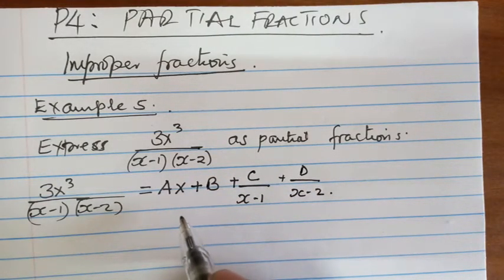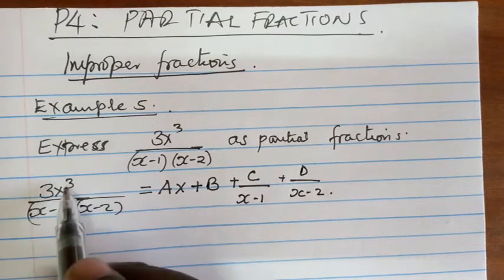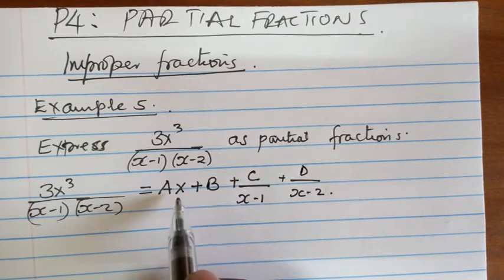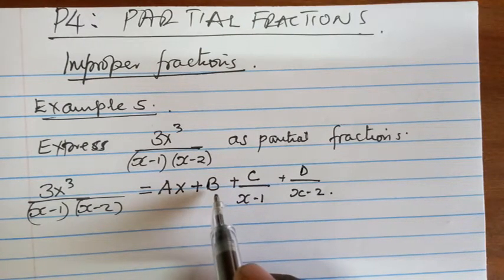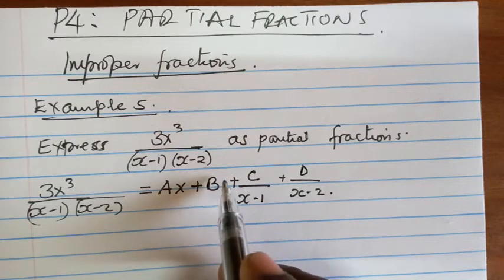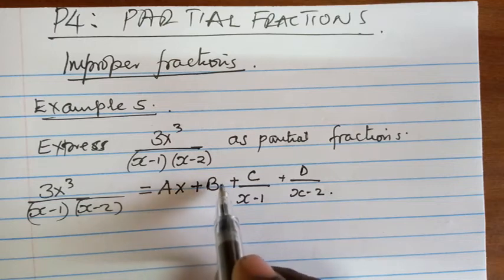For one reason, that x cubed divided by x squared is x, and this x is to power 1, must be followed by another term which still has x but x to power 0. So the indices of x have to decrease systematically. Power 1, power 0.